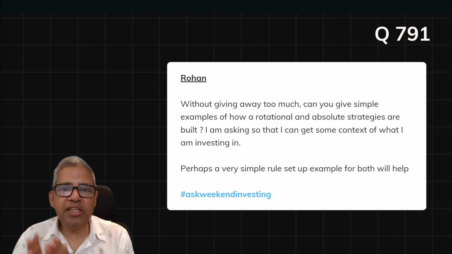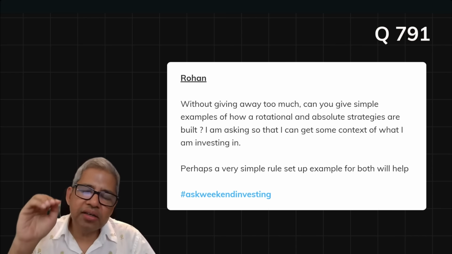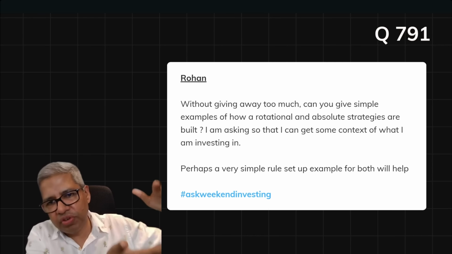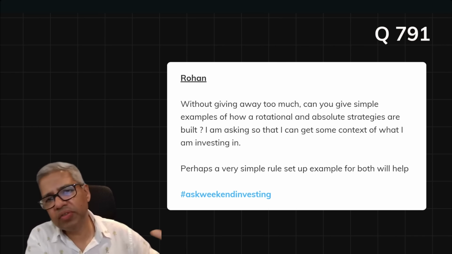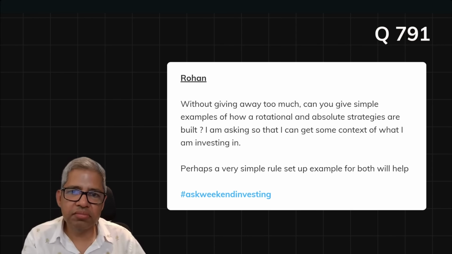Absolute strategy, as the name suggests, is basis the absolute momentum of that particular stock. In the previous example, if all 50 are doing badly, the strategy will still select the best 20 out of them, even though they may be perhaps bleeding, but they are bleeding lesser than others.